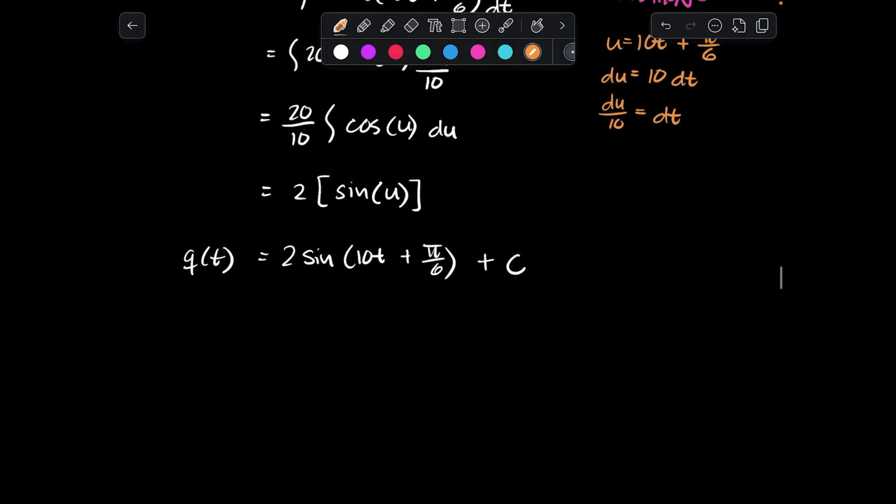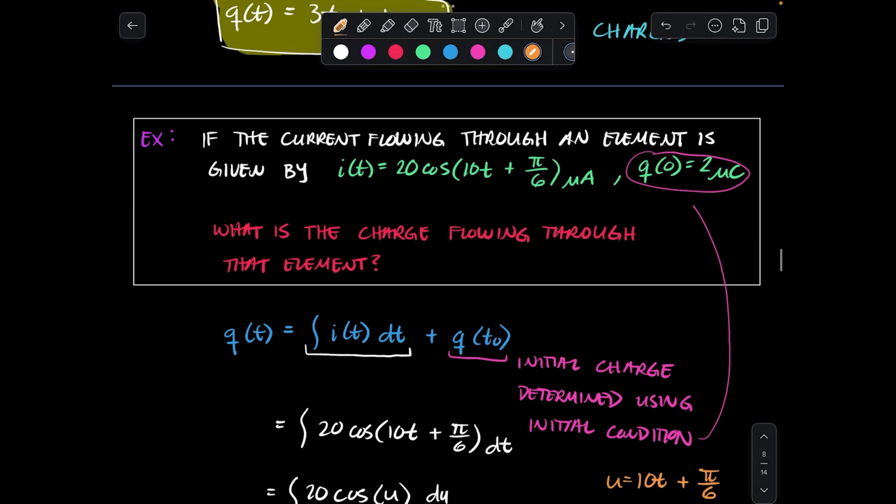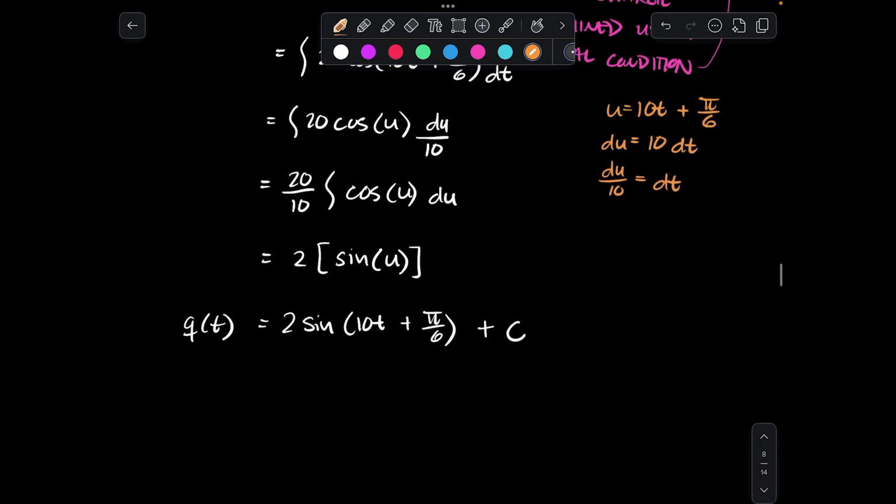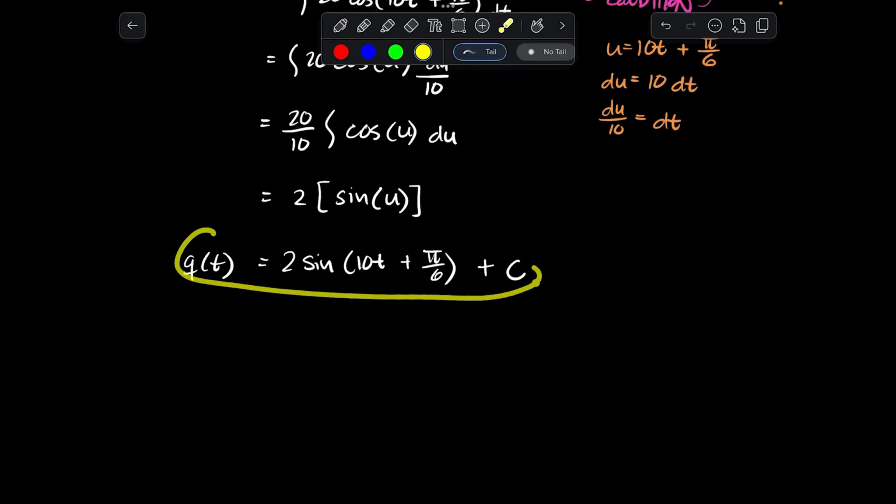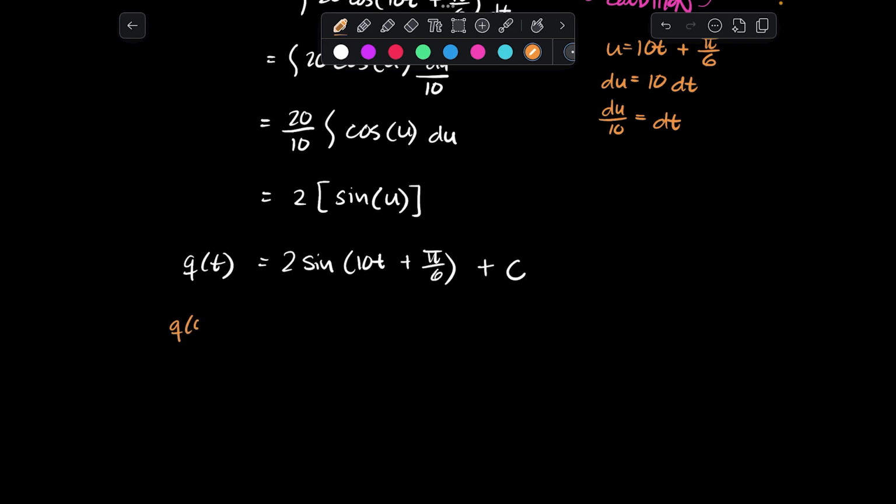So let's use our initial condition right here. And let's plug in 0 into this equation. So we have Q of 0 is equal to 2 sine of 10 times 0 plus pi over 6, plus c. And Q of 0 is equal to 2.